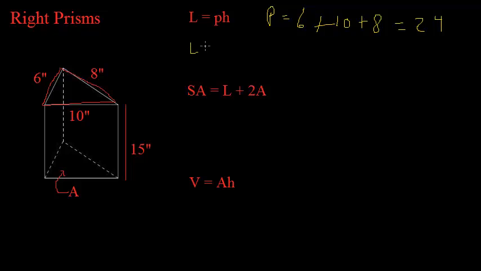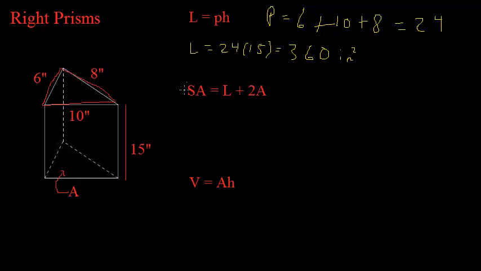Then to find my lateral surface area, I take my 24, multiply it by 15, and I get 360 inches squared. So our units are inches squared because, as always, our units of area are always going to be squared. We're looking at a two-dimensional shape there.